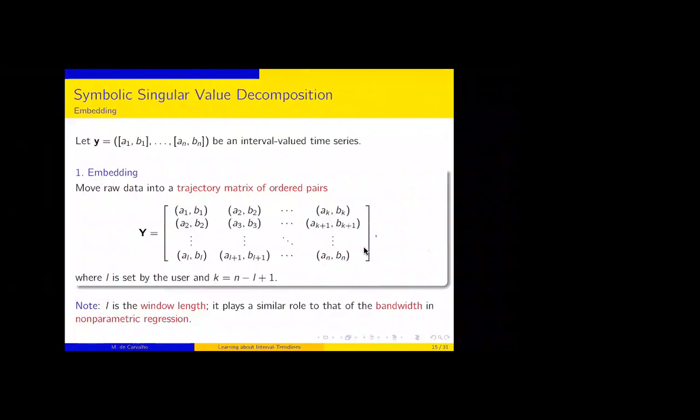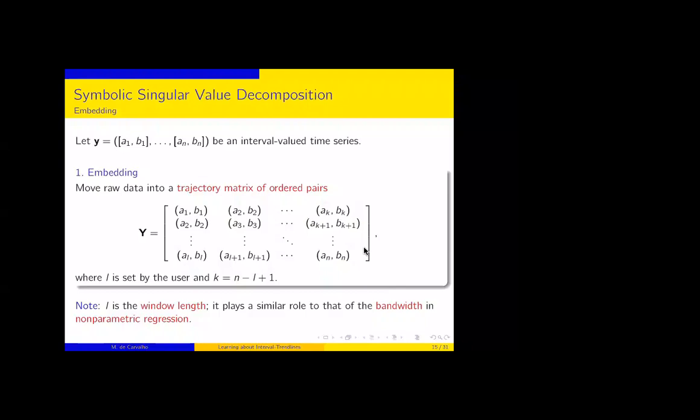Exactly like plain vanilla SSA, we're just taking pieces of the raw data, and these pieces are again of length L, and we have K pieces, partitioning the data into these different chunks.